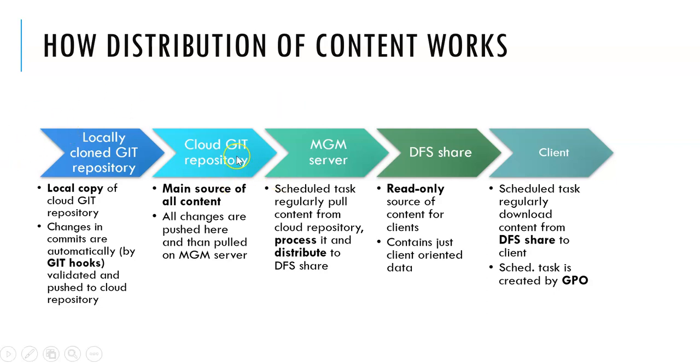From the cloud Git repository, the content is downloaded, or pulled, regularly to the MGM server. The MGM server is just a common Windows machine, which is intended for processing the repository data and distributing the processed data to a DFS share. It can also be a common share, but the DFS share has a lot of advantages, so I prefer that.